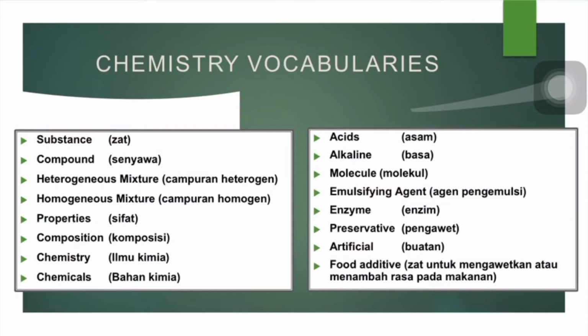And then the next one is enzyme. Next one is preservative. And artificial. And then the last word is food additive, which means zat untuk mengawetkan makanan atau menambah rasa pada makanan.